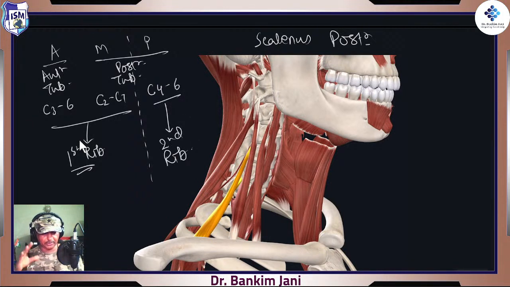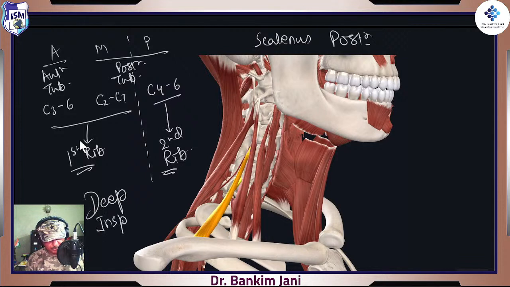It means when there is a joint operation of all scalene groups, this entire gang can lift the first rib and second rib collectively, and this would be very important for deep inspiration, where we need to increase the thoracic capacity so that our lungs can really expand. That's where they will come into the picture, right?